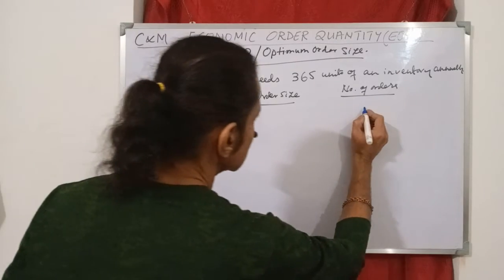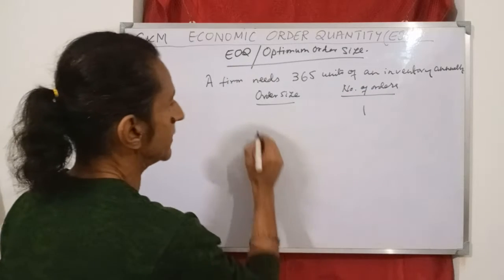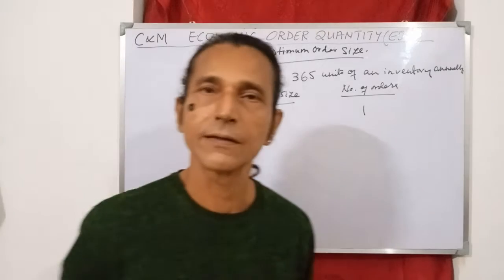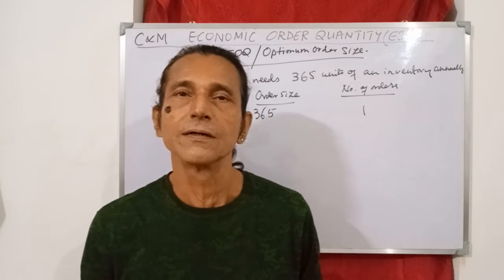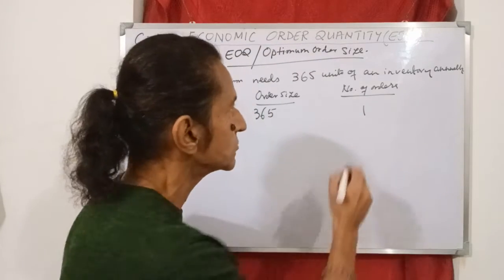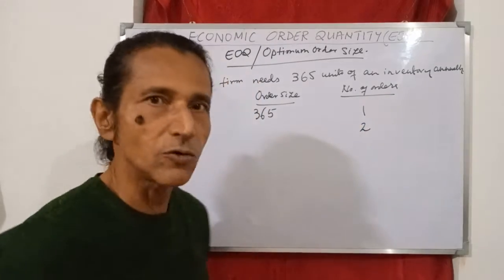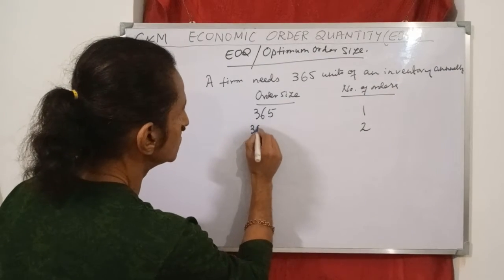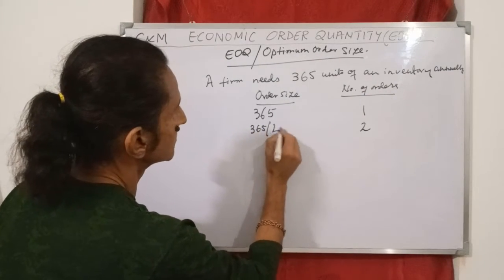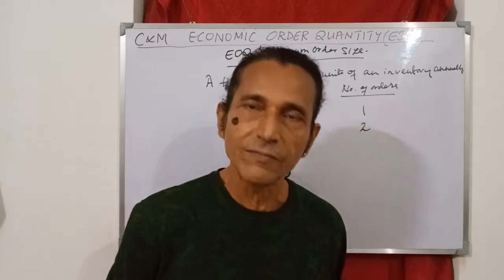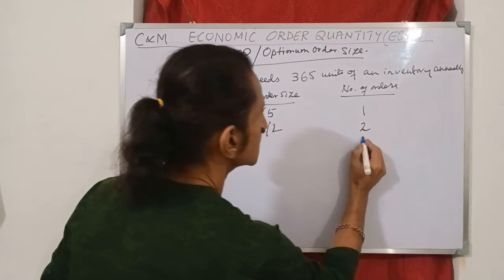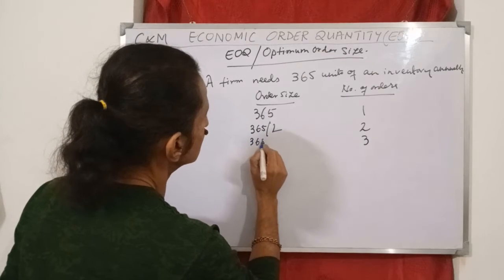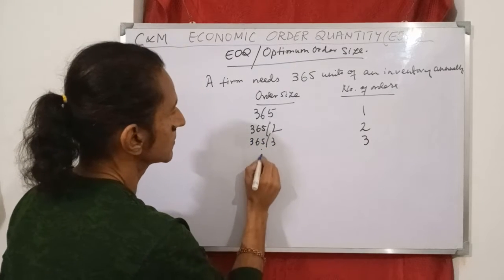So number of orders, in that case, is 1 and the order size is 365. Or the farm can place two orders to procure the 365 units. So order size will be 365 by 2. If the farm places 3 orders, then the order size will be 365 by 3, and so on.